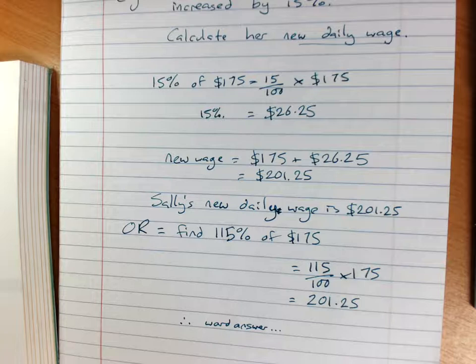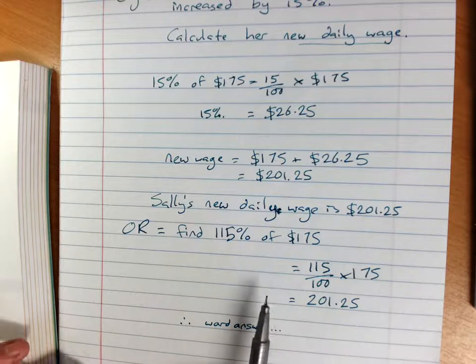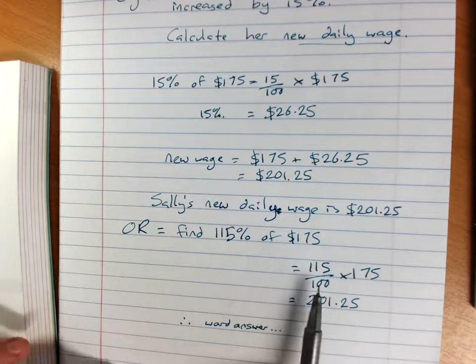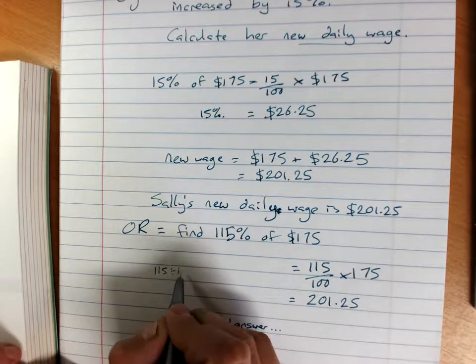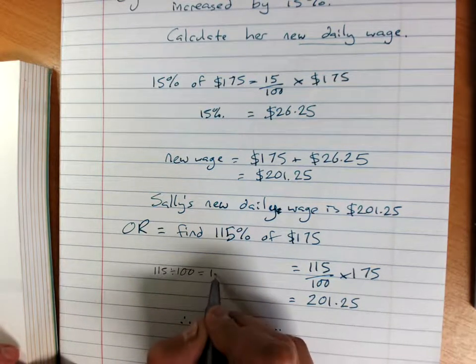So over time, that cuts back on quite a lot of working. Just as an aside, we just reminded ourselves about a quick division, dividing by 100. 115 divided by 100 is just 1.15.